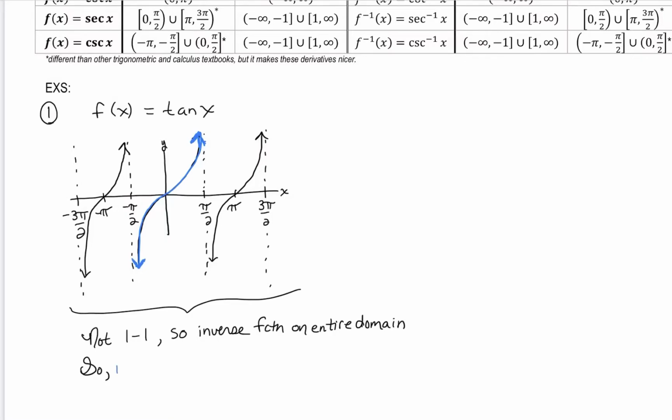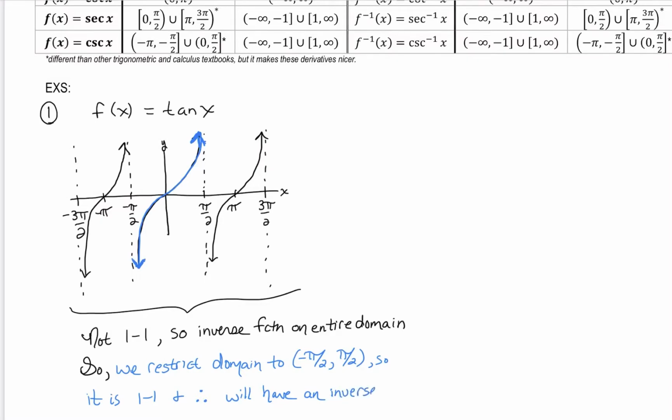So what we do is we restrict the domain to, in this case, just negative pi over 2 to pi over 2. So it is 1-to-1, and therefore will have an inverse function on this portion, right?